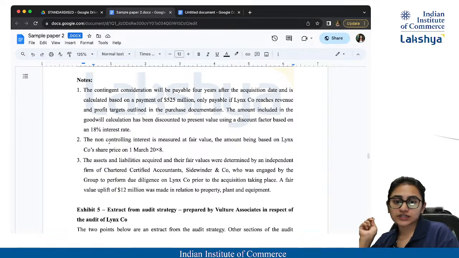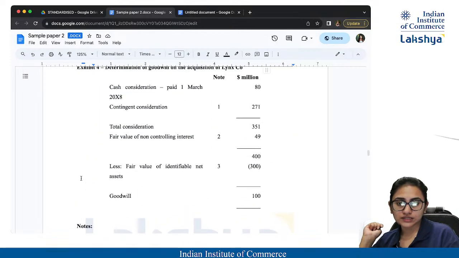The non-controlling interest is measured at fair value, the amount being based on Links company's share price on 1 March 2008. The assets and liabilities acquired and the fair values were determined by an independent firm of chartered certified accountants, Sidewinder and Company, who was engaged by the group to perform due diligence on Links company prior to the acquisition taking place, and a fair value uplift of $12 million was made in relation to property, plant and equipment.